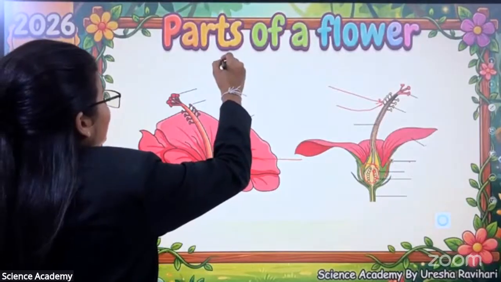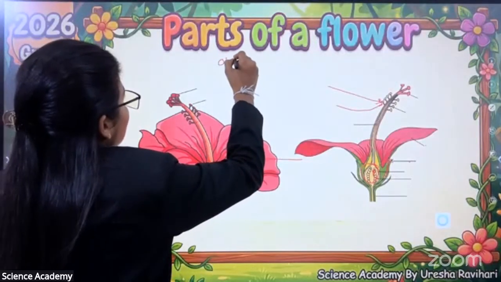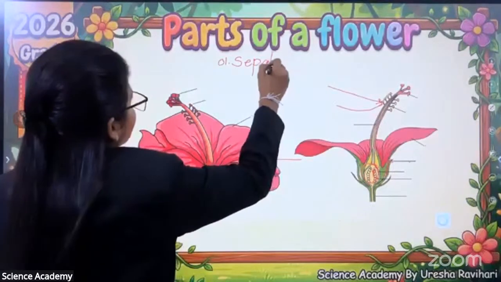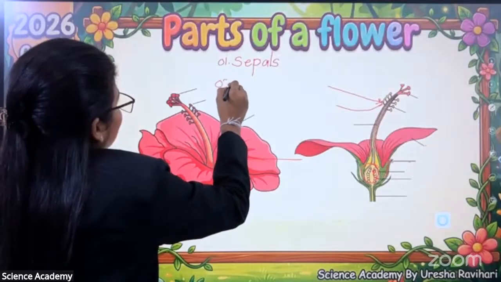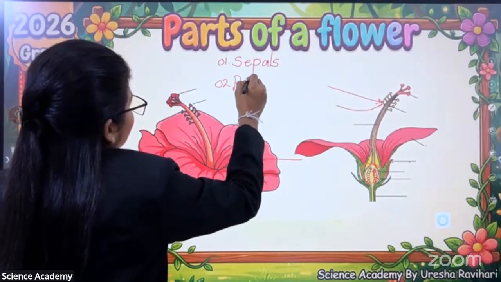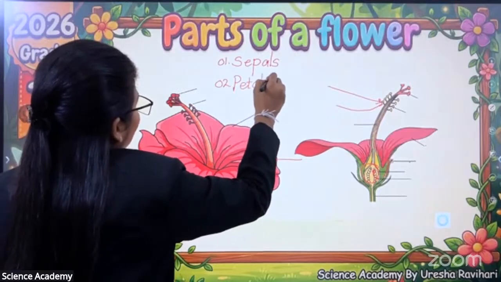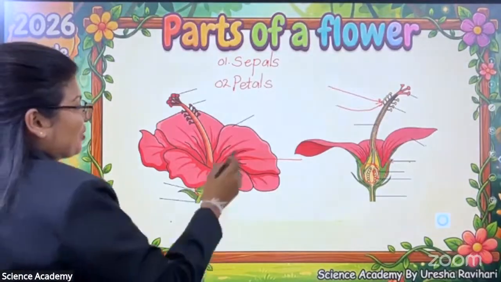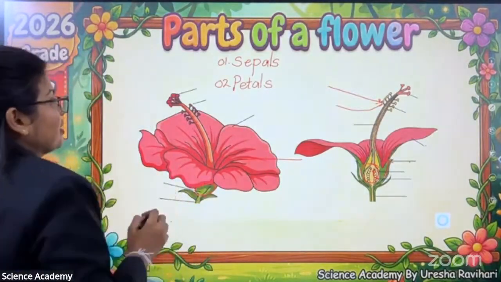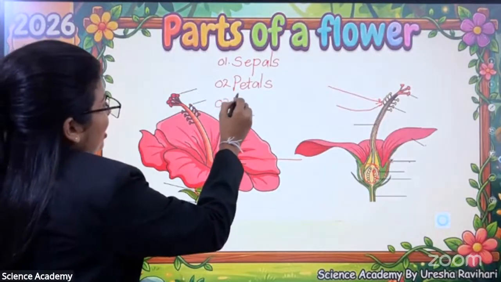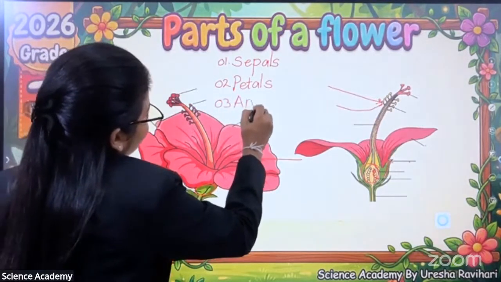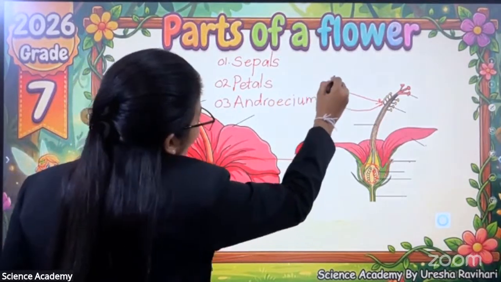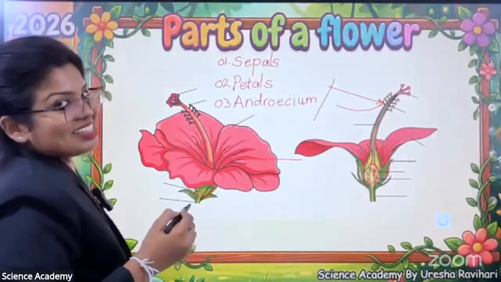First one you can write down is sepals, Manipatra. Second one, petals, the colorful ones, Dalapatra. Third one, androecium or gynaecium.